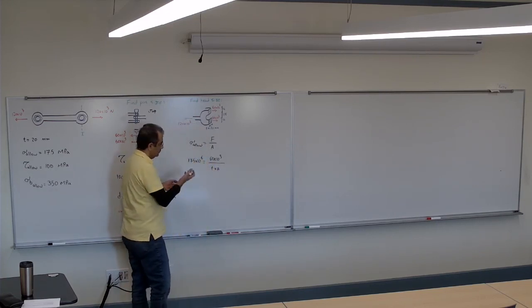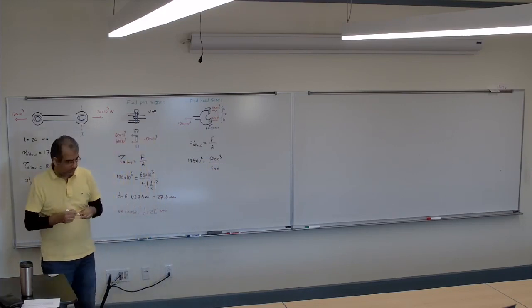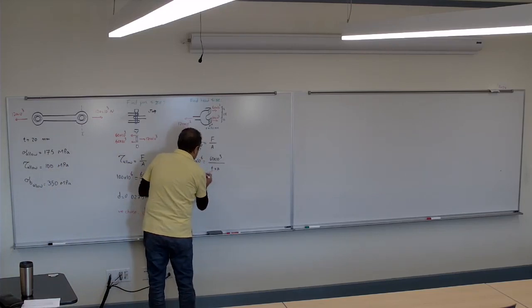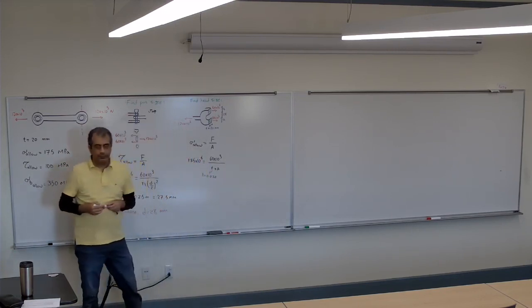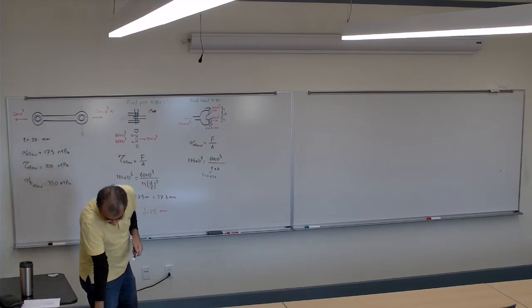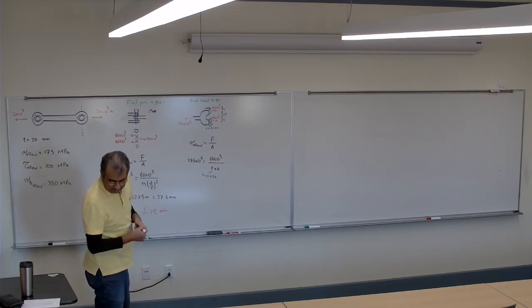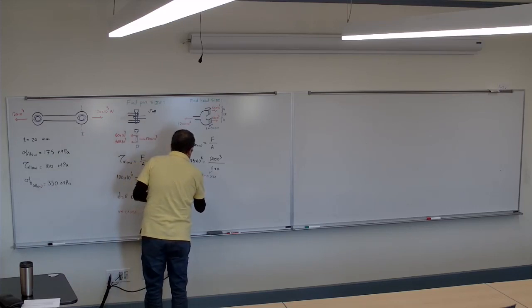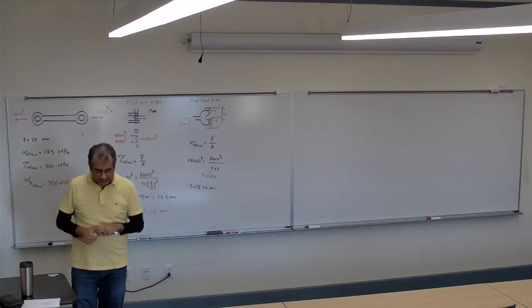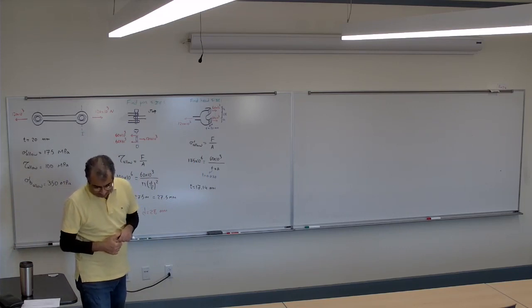T is 20, and it gives you the A. How much do you get for A? 17.14 millimeters. So that's our A, in millimeters.